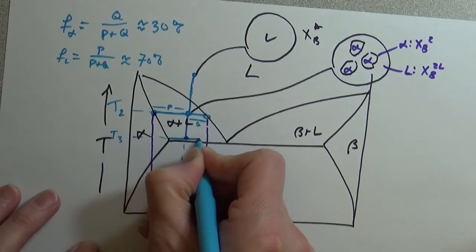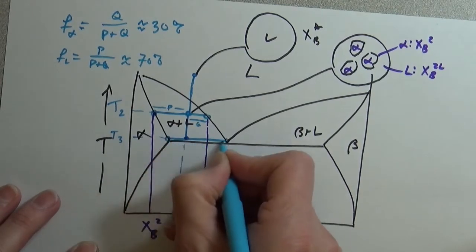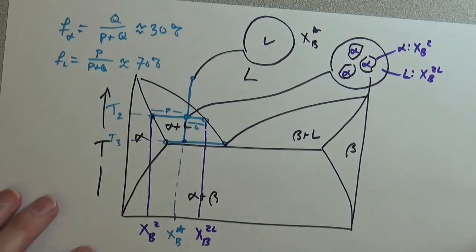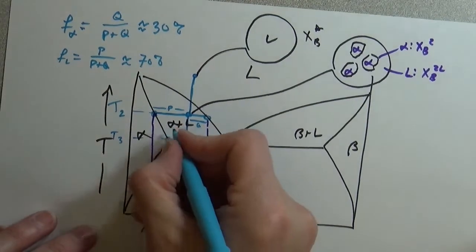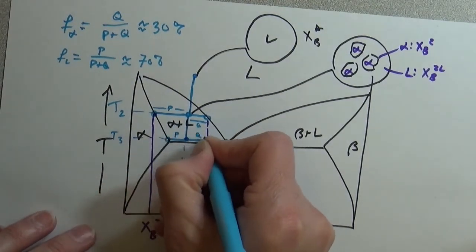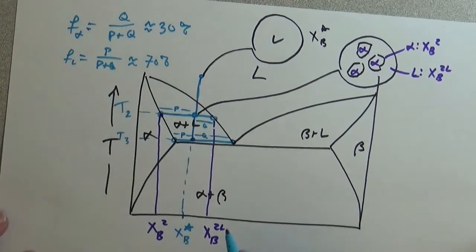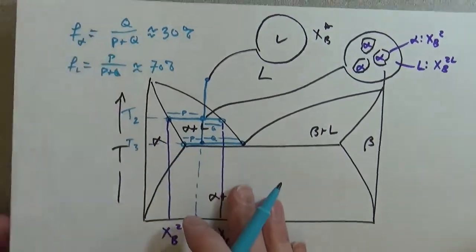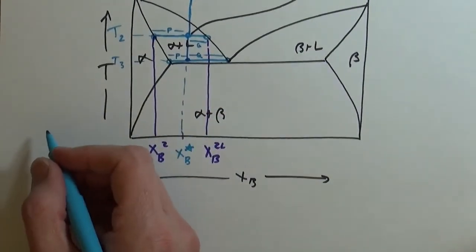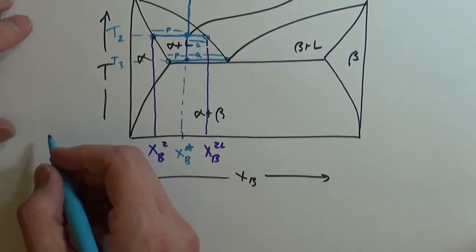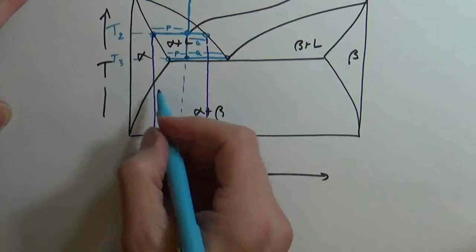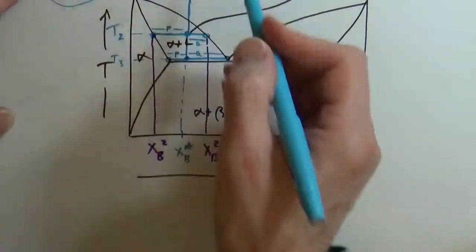We draw our tie line, and defining our P and Q at temperature T3, we get, well, it's the same, right?